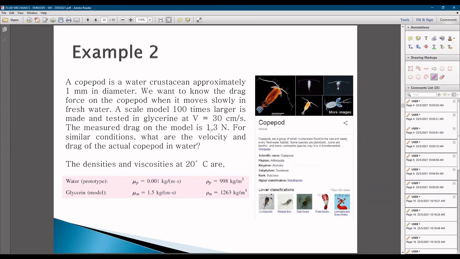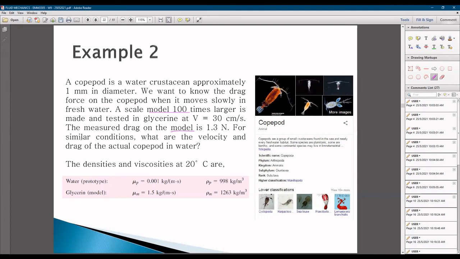After this creature is enlarged 100 times and tested in glycerin at a speed of 30 centimeter per second, you can see that the drag on that model, not on the original creature, is 1.3 Newton.